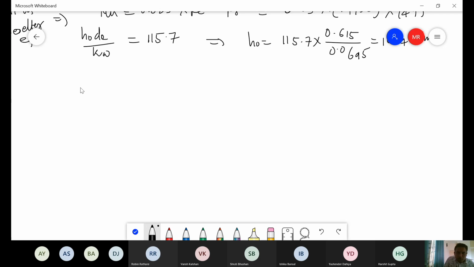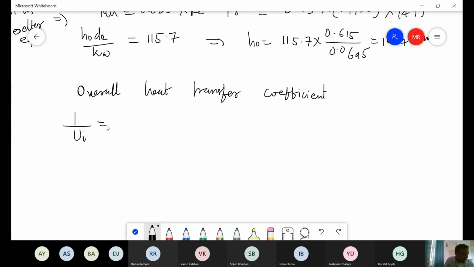So overall heat transfer coefficient in terms of the inner surface area, that can be given as 1 by Hi plus Di by D naught H naught.